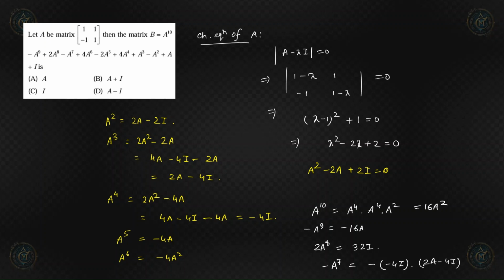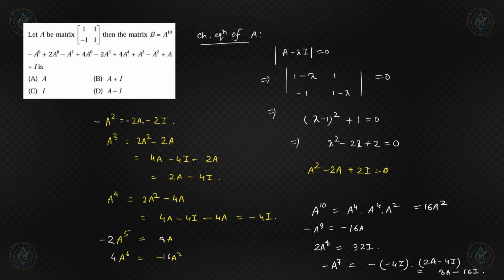So we get from this equation minus a to the power 7 is 8a minus 16i. Then 4a to the power 6 will be minus 16a square, and then minus 2a to the power 5 will be 8a, right? And a cube is this, okay?